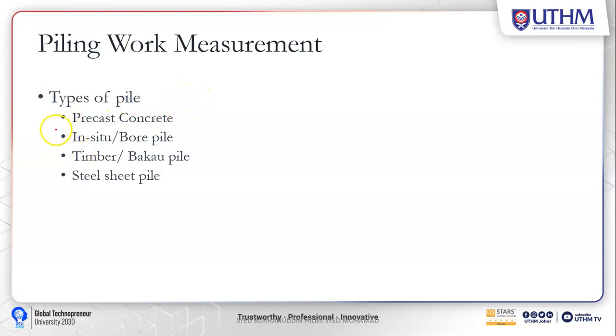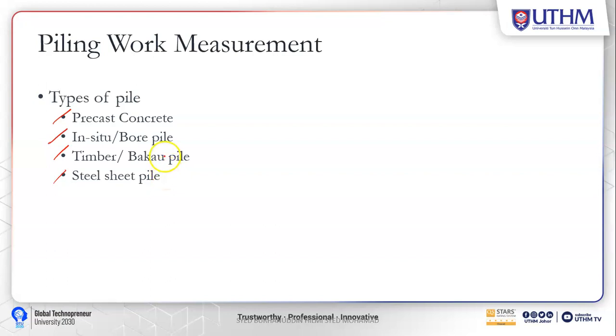We have a precast concrete pile. We have an in situ or bored pile. We have a timber pile, and also the steel sheet pile. So all of these piles basically depend on the decision by the civil and structural engineers.